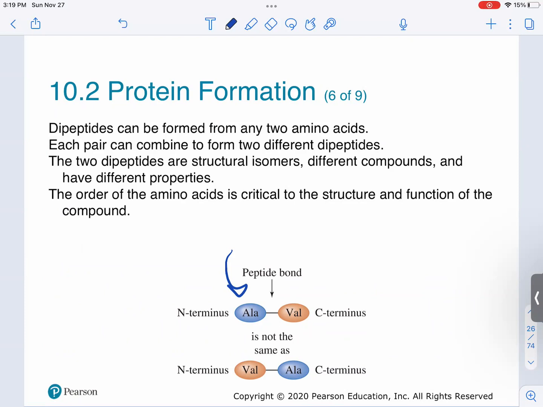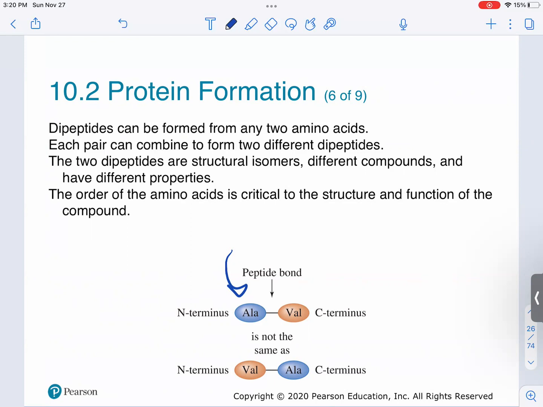So each pair, all right, can combine to form two totally different dipeptides. So two dipeptides are going to be structural isomers, and they're going to have different properties.